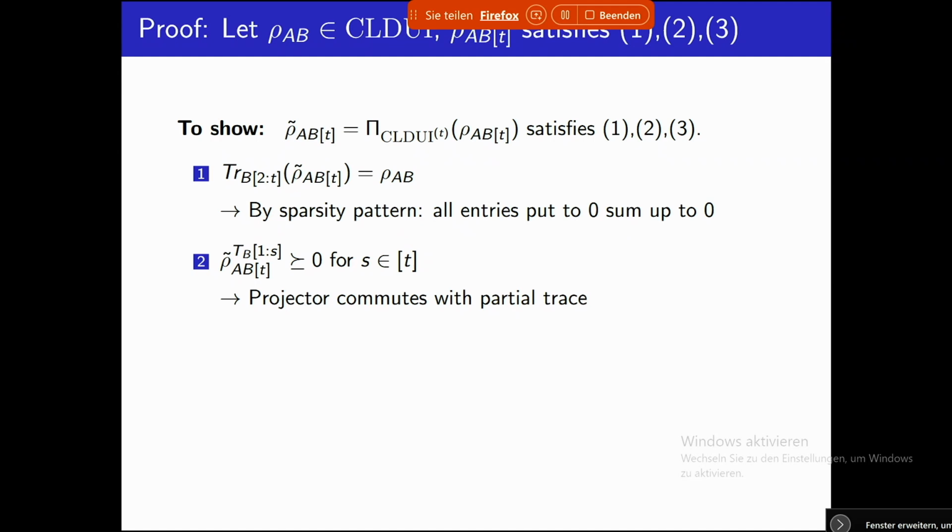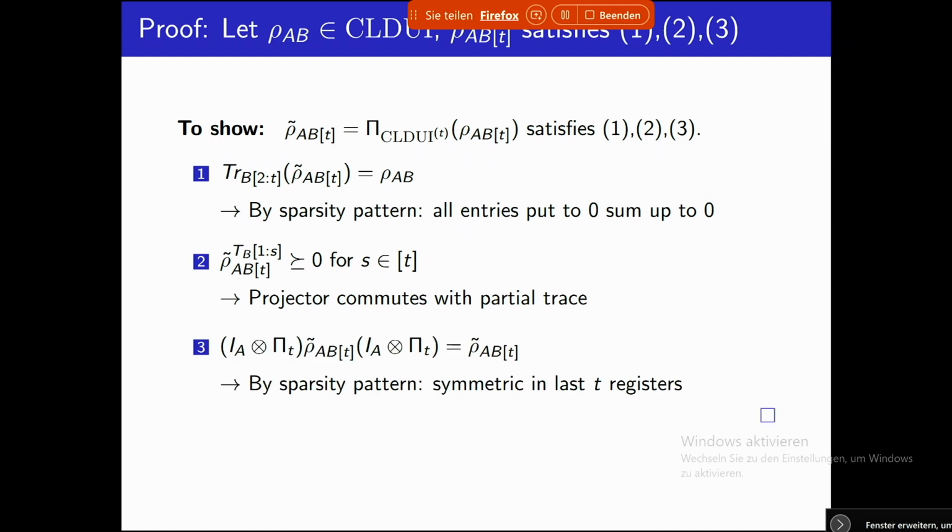So you're asking whether this object is PSD, but then you can instead just push this inside the integration, and then you are hitting something which is PSD with unitaries from both sides. Everything stays PSD. The PSD cone is closed. This works out. And then the third condition is probably the easiest one to see, since whatever we are doing in the projection onto CLDUIT is symmetric in all copies of the B register. So this projection does not hurt the symmetry.